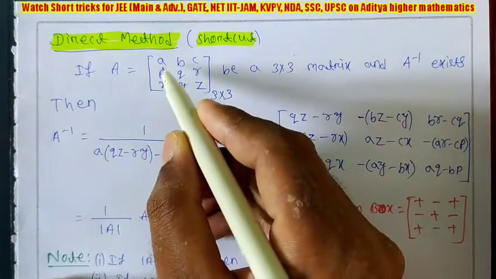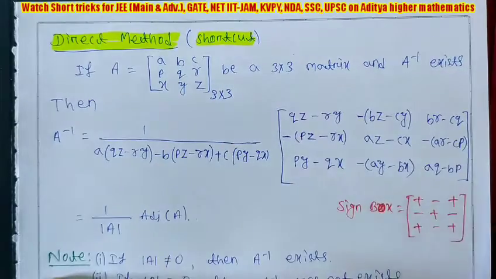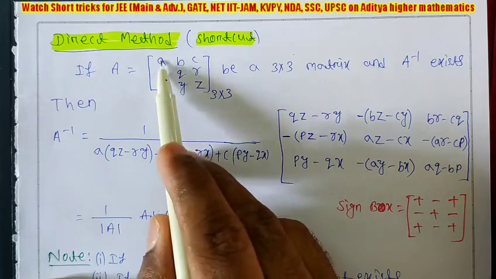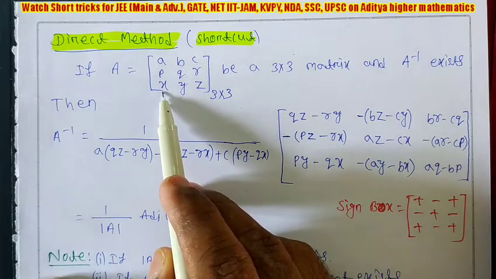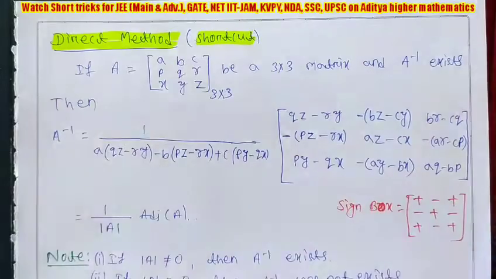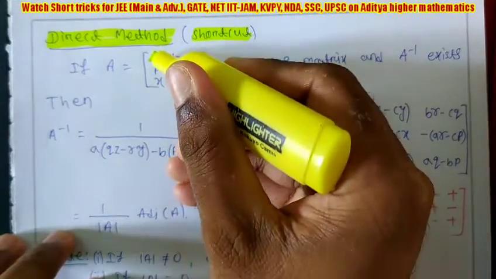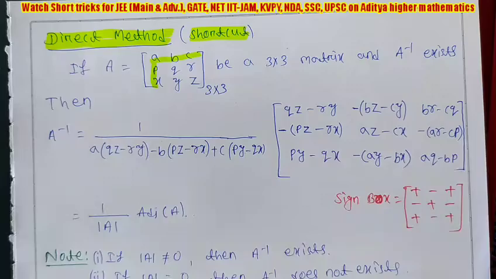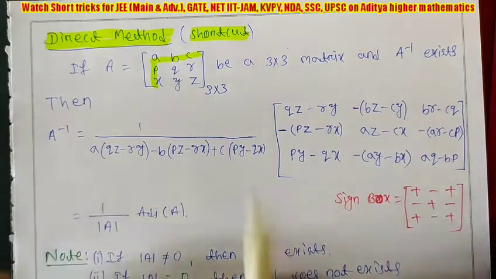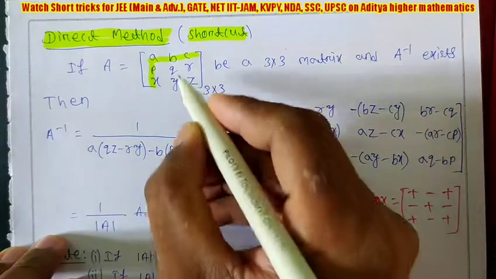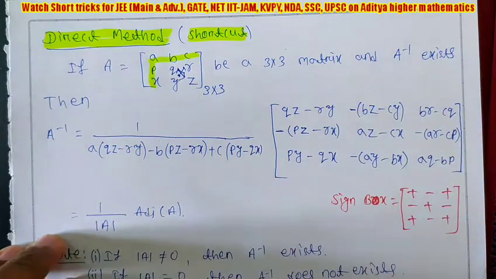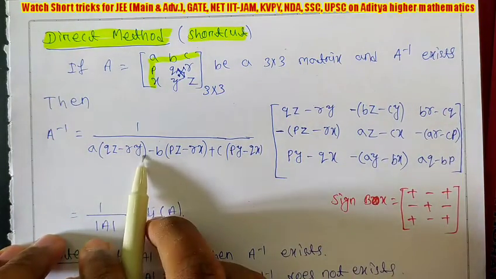First you take one element from the first row, A, then delete its row and column. When you delete this row and column, that means you have to delete like this. Then what is remaining? Q, R and Y, Z. Then you multiply Q with Z and Y with R, so QZ minus RY.